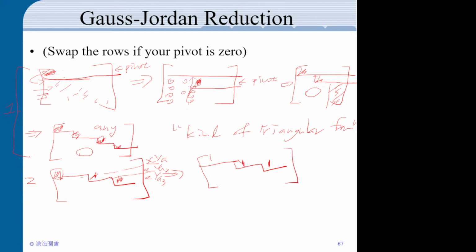Okay, and this is called row echelon form.